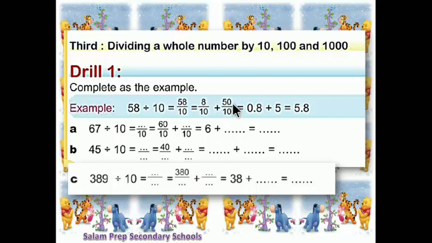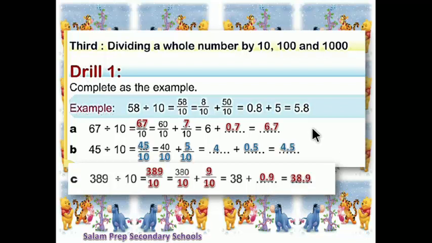The answer will be 5 divided by 1 equal 5. Equal 5.8. Now you can solve these problems as we did in our example.